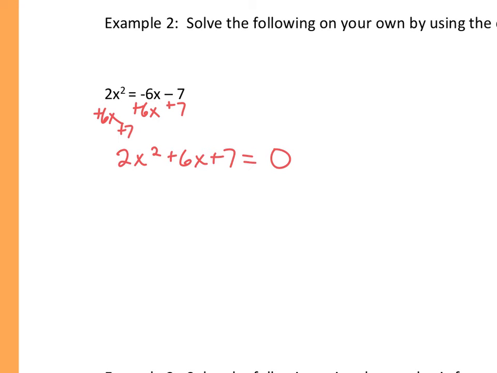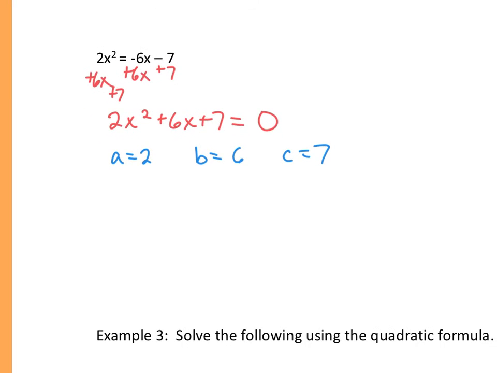Okay. I tried the x method. It didn't work. Saving you a little time. Must use the quadratic formula. So tell me, what is A? B? C? Cool. So now I have negative b, which is going to be negative 6 plus or minus the square root of what?